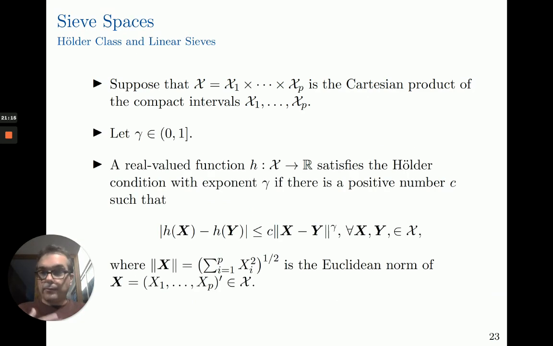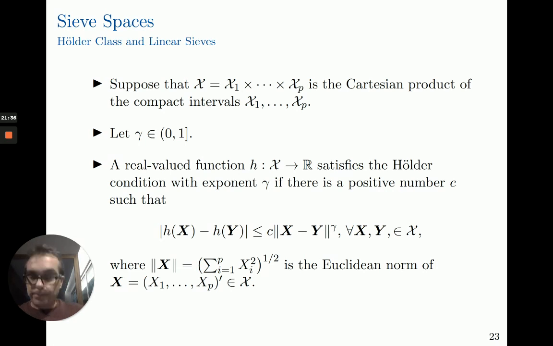So basically that's the idea, and what I'm going to show is that we can approximate pretty well the class of Holder functions, the Holder class of functions, with linear sieves. And the Holder class of functions are functions that obey the Holder condition.